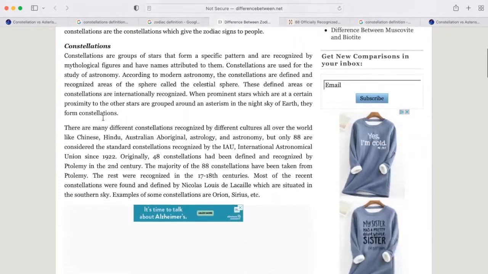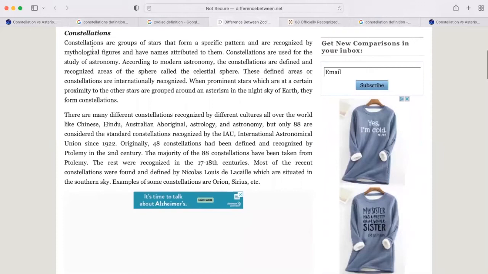So in the constellations section, when we scroll down, it says constellations are a group of stars that form a specific pattern and are recognized by mythological figures and have names attributed to them. Constellations are used for the study of astronomy, not astrology. According to modern astronomy, the constellations are defined and recognized areas of the sphere called the celestial sphere.